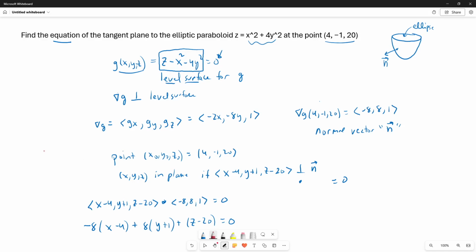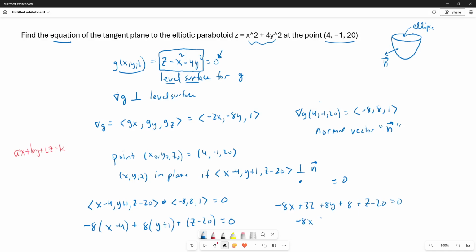And then with a little bit of rearranging, we could put it in the form ax plus by plus cz is equal to some number, d or something. So let's see if we can do that. Negative 8x plus 32 plus 8y plus 8 plus z minus 20 is equal to 0.